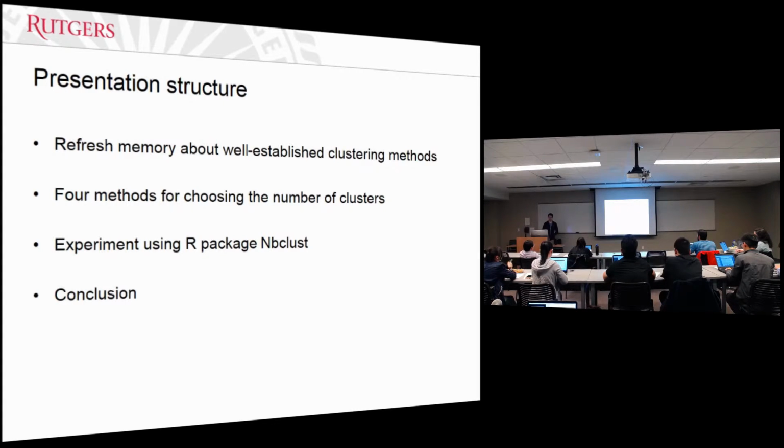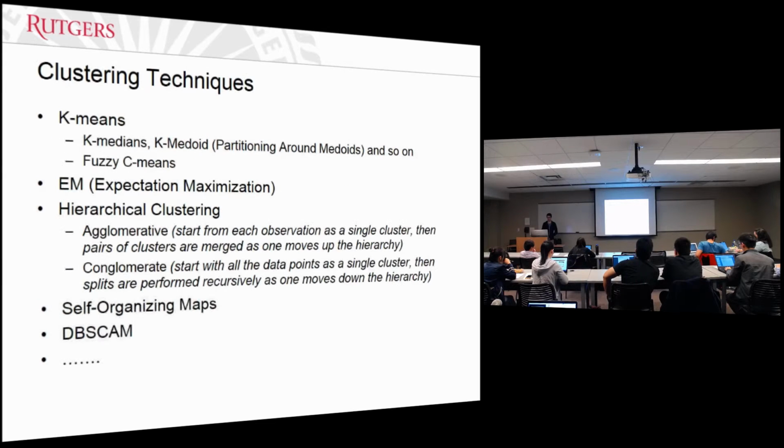I want to introduce 4 methods for choosing the number of clusters. And the third part, I used an R package called Uniclust to automatically choose the number of clusters for us, which follows with my final result.